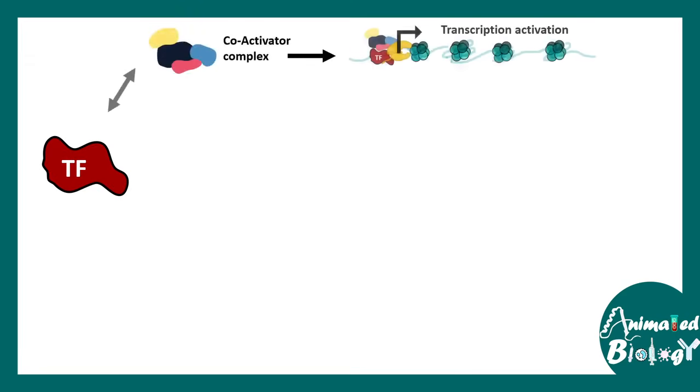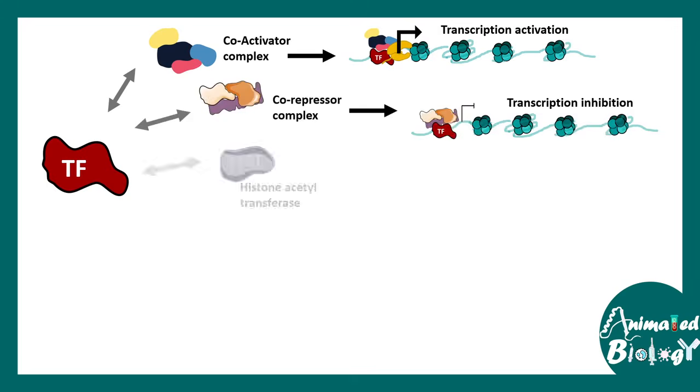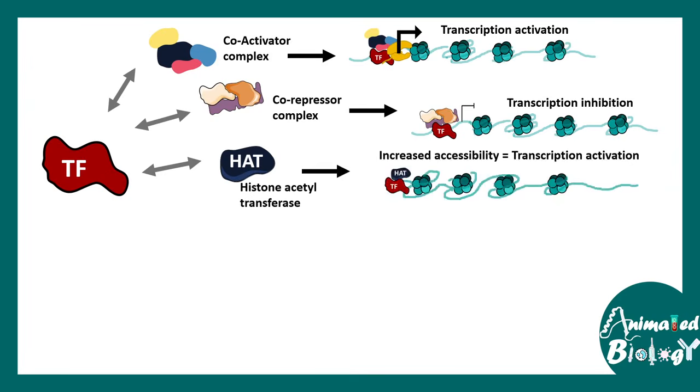So moral of the story, the transcription factor and its function depend on what it interacts with. What are the friends of these transcription factors? A transcription factor can interact with a co-activator complex, which leads to activation of transcription. It can interact with a co-repressor complex, which might lead to inhibition of transcription. It can interact with histone acetyltransferase, which can lead to increased accessibility of the chromatin, which would in turn increase the probability of transcription.